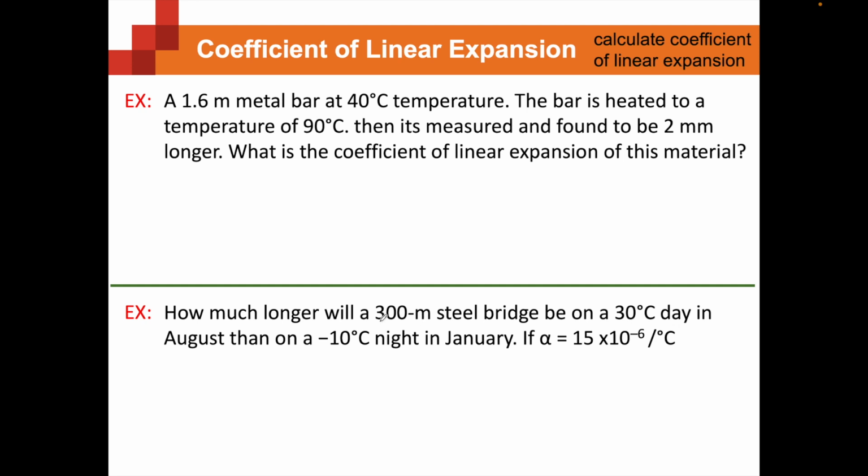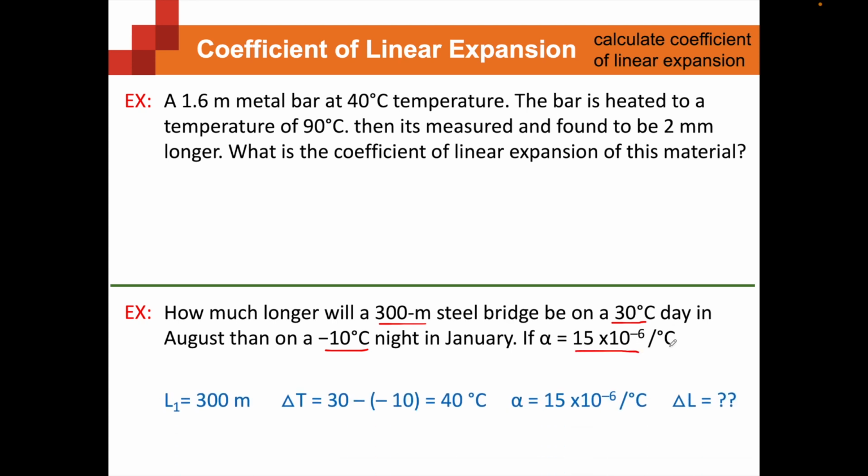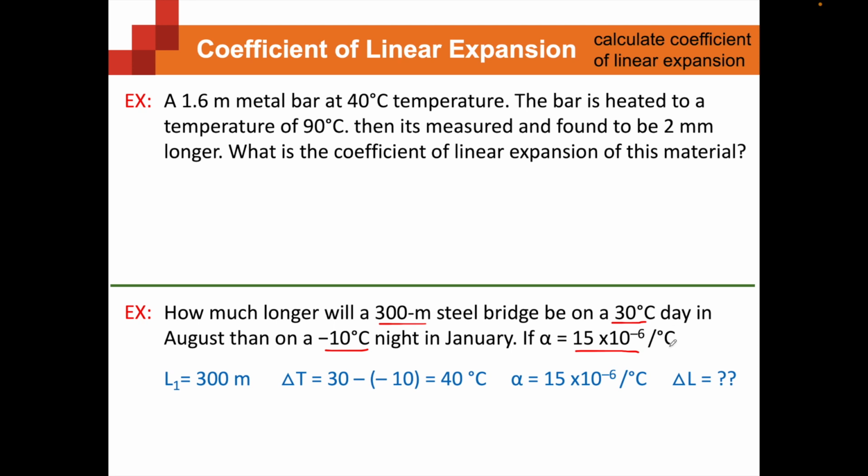How much longer will a 300 meter steel bridge be on a 30 degree Celsius day in August than on a minus 10 degree night in January? There's a change in temperature here, and we have the coefficient given to us. So I'm trying to find the change in length in this case. To find the change in length, we'll take the coefficient and multiply it by the starting length, L0, and multiply it by the change in temperature.